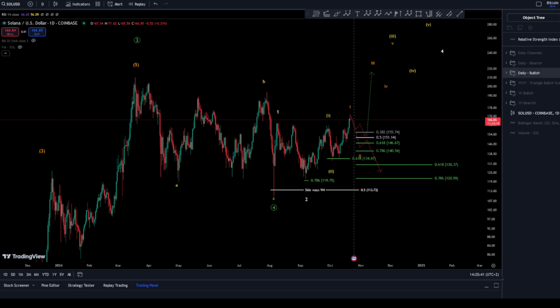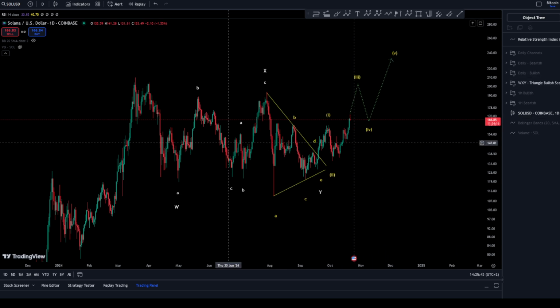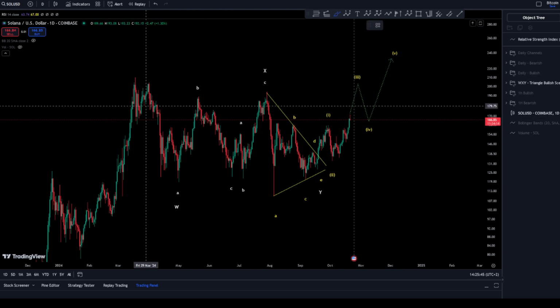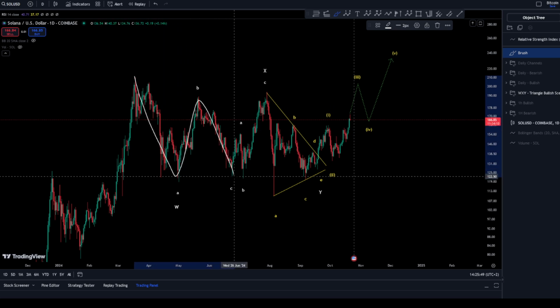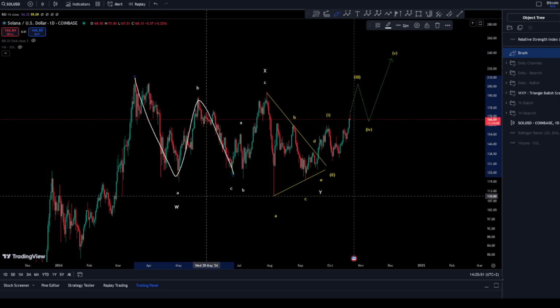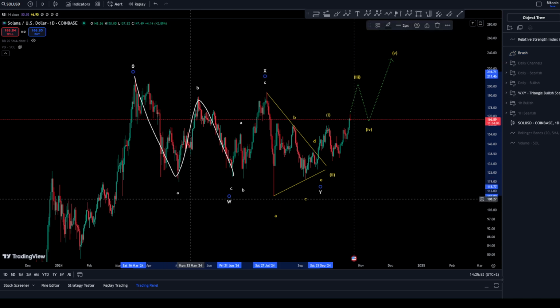And another bullish scenario could be, of course, a finished WXY, where you are looking here at an A, B, and a C, where you have possibly finished a wave W here.